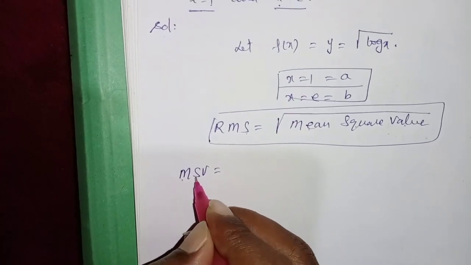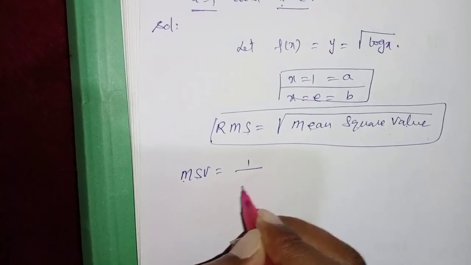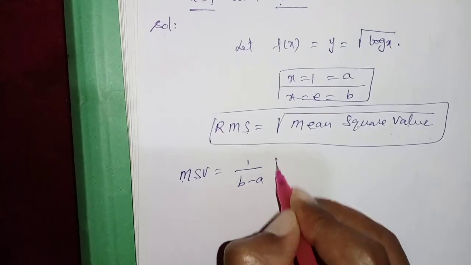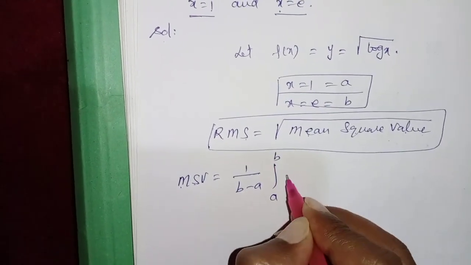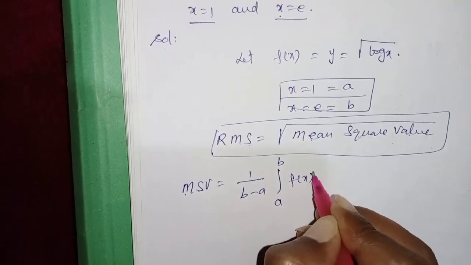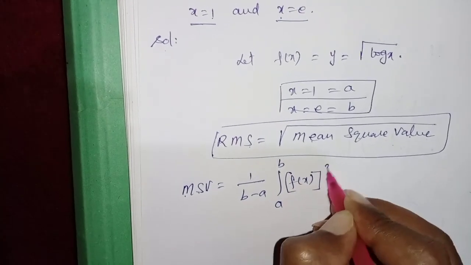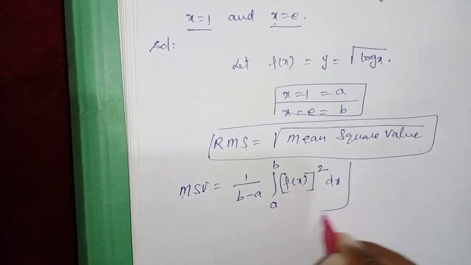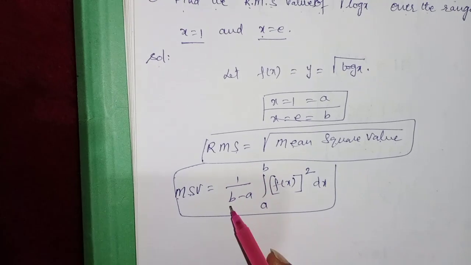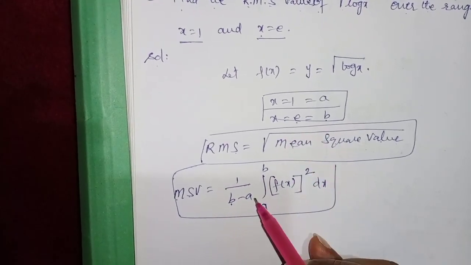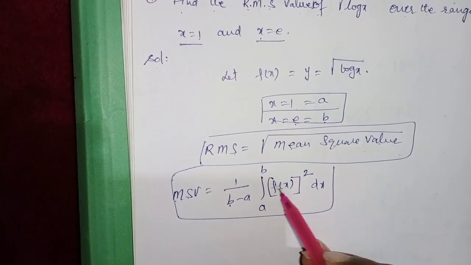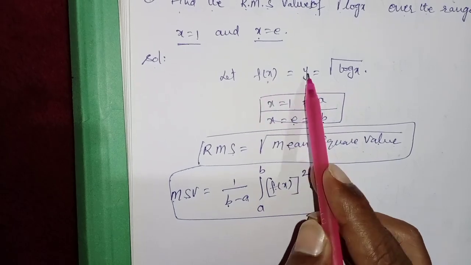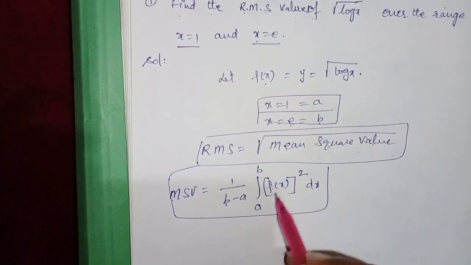MSV, mean square value, is equal to, the formula is, 1 by b minus a, integral a to b, f of x whole square dx. We know that b is e, a value is 1, and f of x or y is under root of log x.